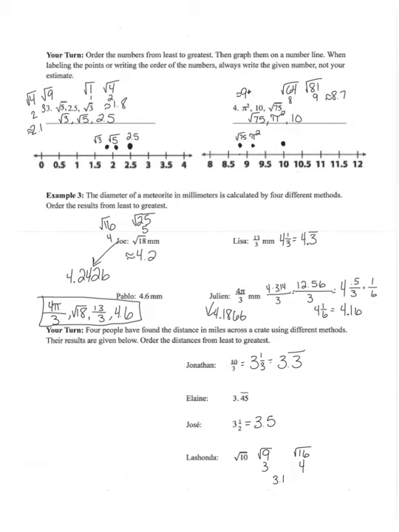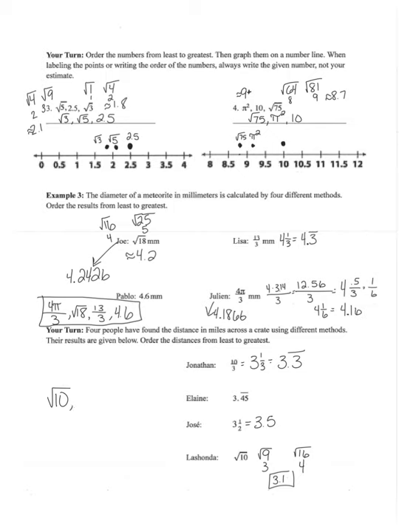So now, looking at my list, I've got 3.1 for LaShonda, 3.5 for Jose, 3.45 repeating for Elaine, and 3.3 repeating for Jonathan. So ordering these from least to greatest, LaShonda's is the least, so that's the square root of 10.